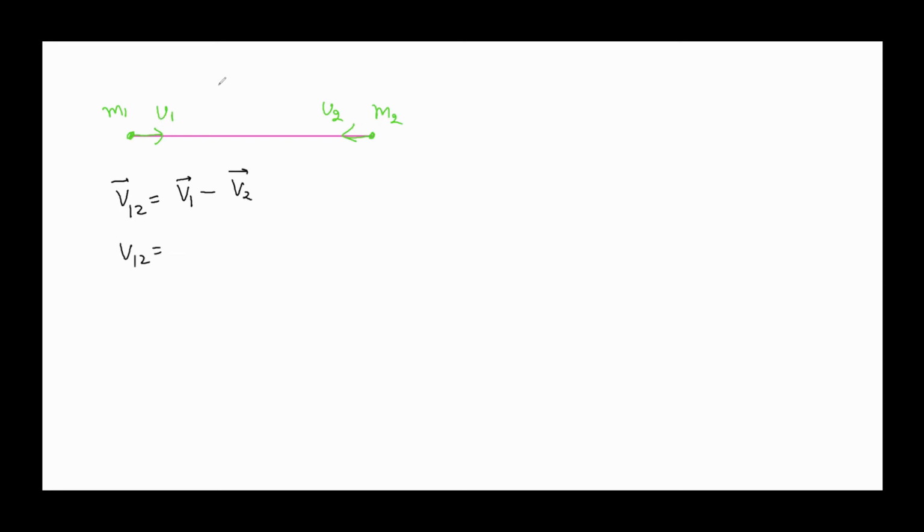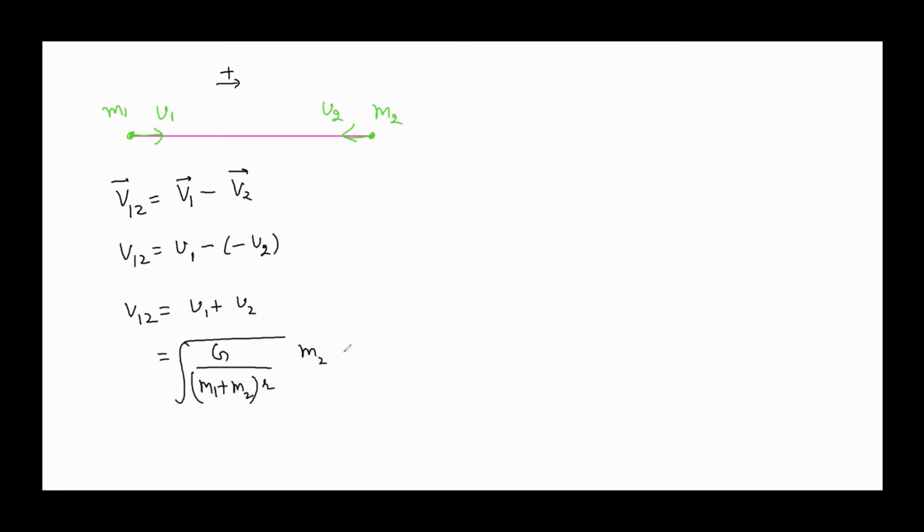I'm taking right direction as positive. v1 vector is v1 and v2 vector is minus v2. So their relative velocity of approach will be v1 plus v2. What is v1? G(m1 plus m2) upon r under the root, and we have m2. What is v2? G(m1 plus m2) r under the root and m1.